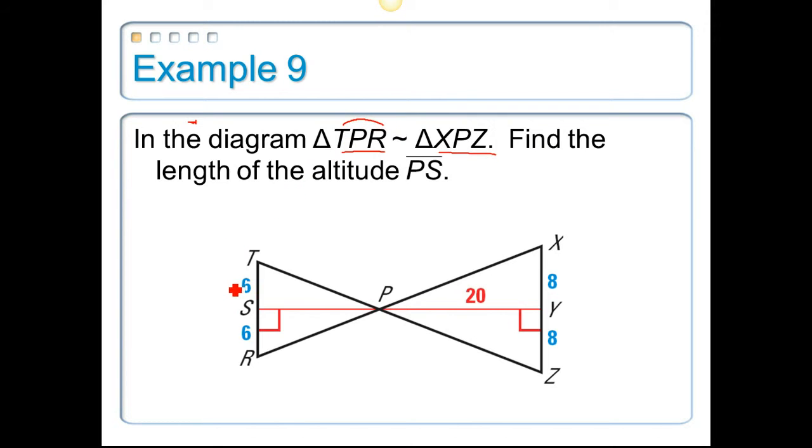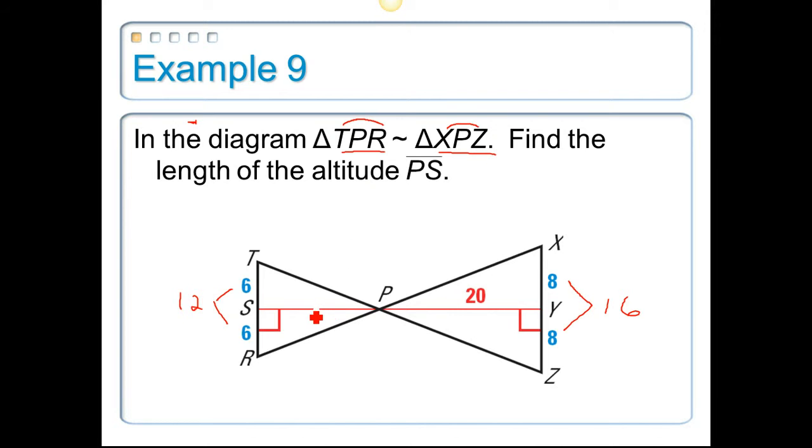T to R, which has a length of 12, goes with X to Z, first to third here, which has a length of 16. So we know in the picture that these are similar. And we know from the previous slide that any segments are going to be similar if the shapes are similar.